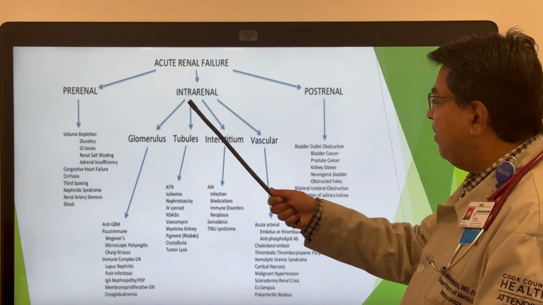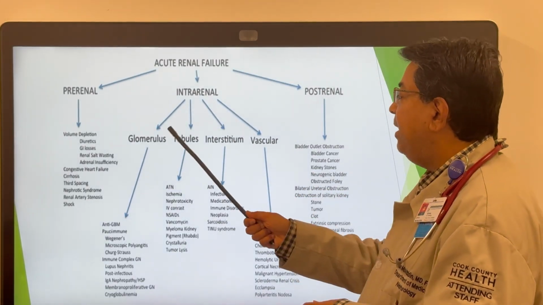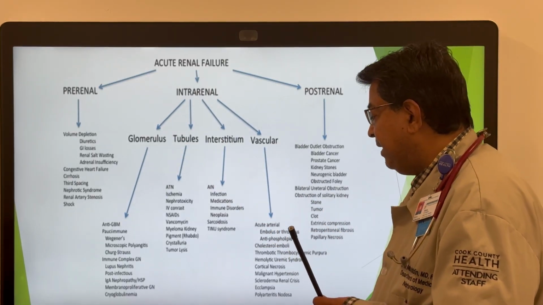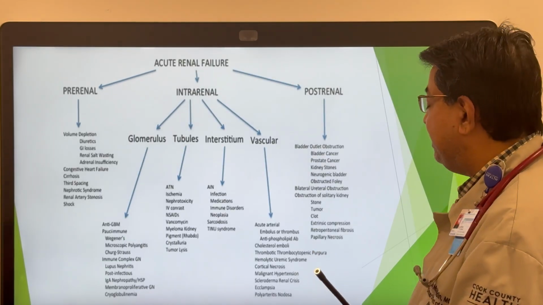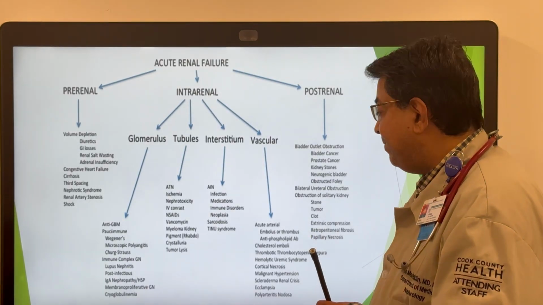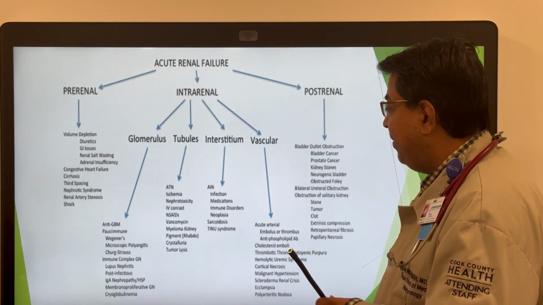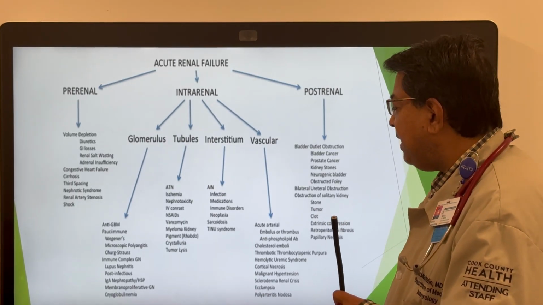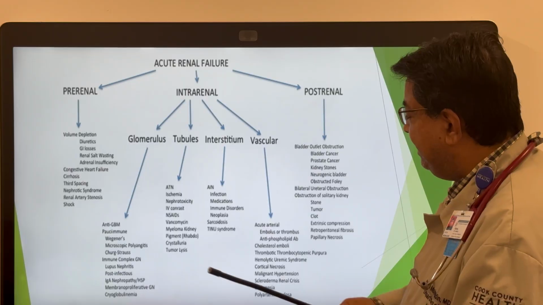In the intrarenal compartment, you want to think about glomerulus, tubules, interstitium, and the vascular compartment. A lot of these I'm going to be discussing in detail in subsequent sessions, so I will merely make mention today, and we will be talking about ATN.